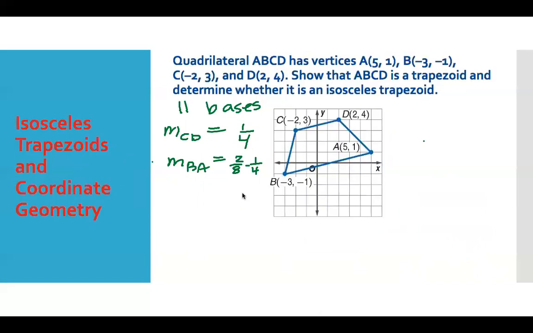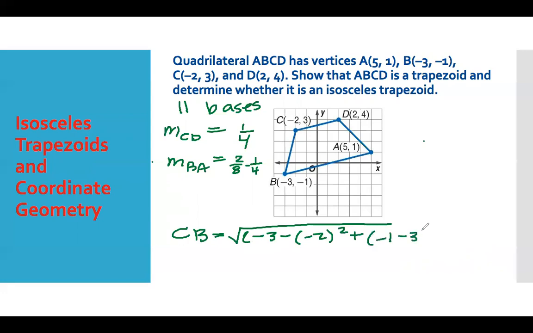So we're going to do CB. CB is equal to the square root of -3 minus -2 squared plus -1 minus 3 squared.